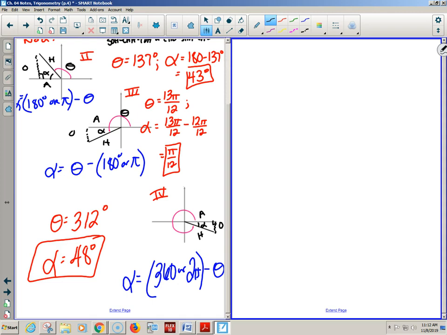Let's say I did 5 pi over 3. I wanted, let's just do sine, cosine, tangent. Okay. What quadrant is 5 pi over 3 in?